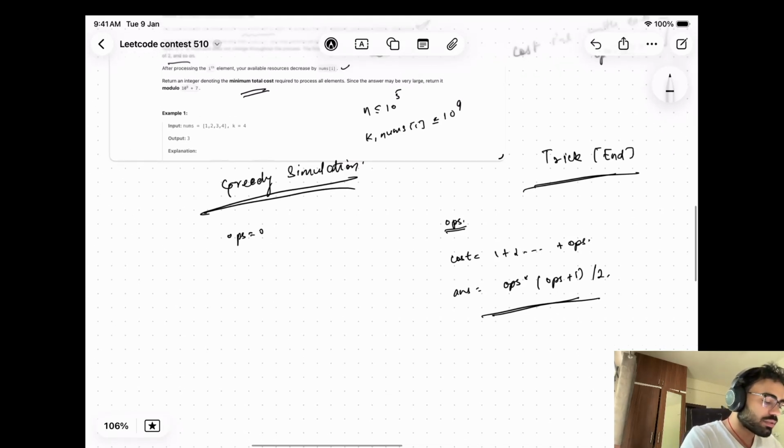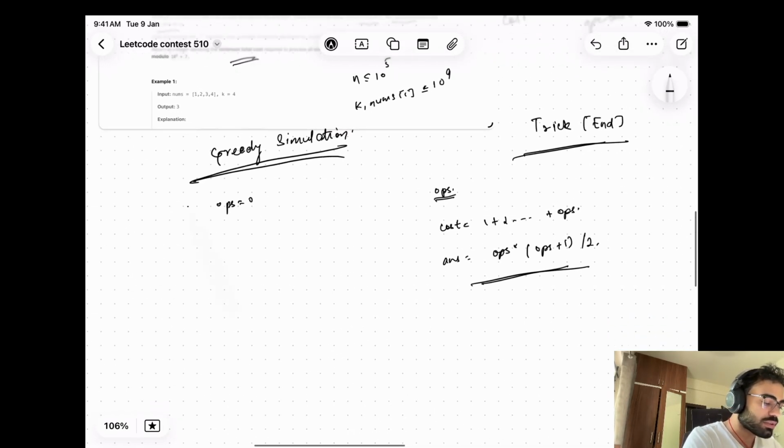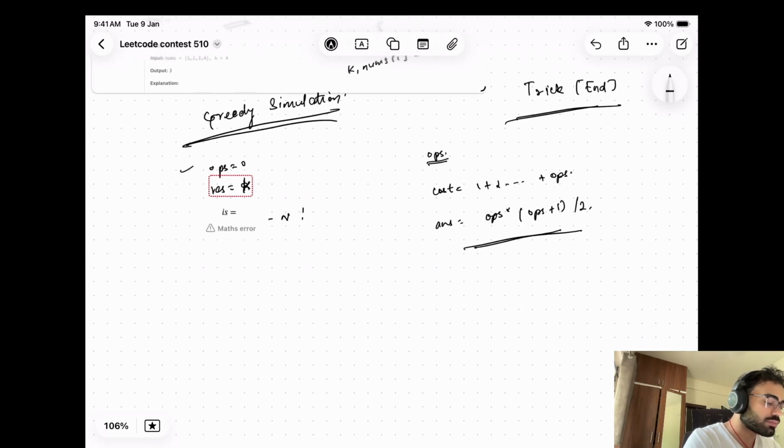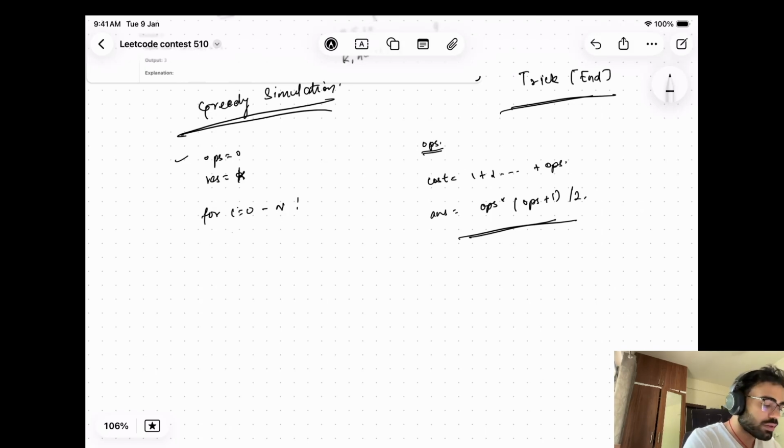Okay. So number of operations equals 0 at any point. We'll say I have initially resources equal to k. I'll start a for loop, for i equals 0 till n. What am I going to do? The current element is nums[i].